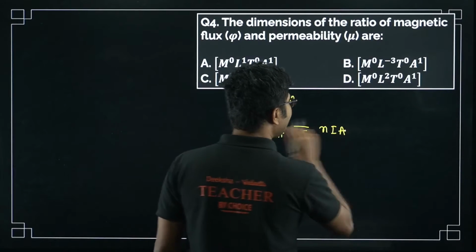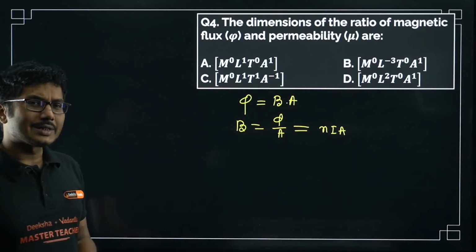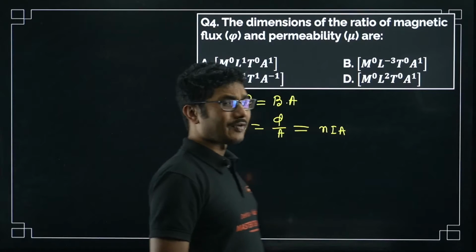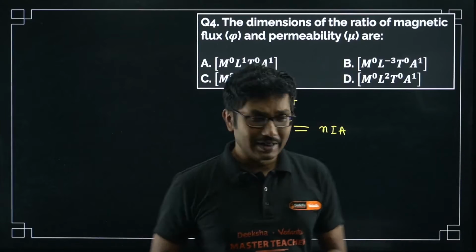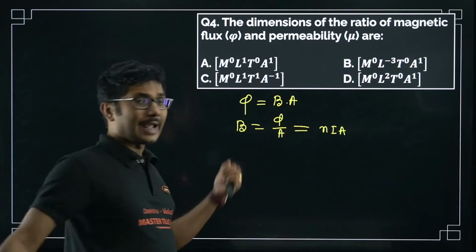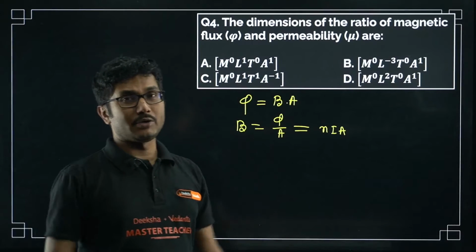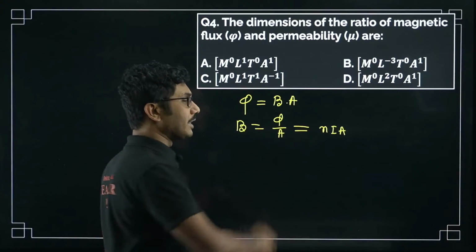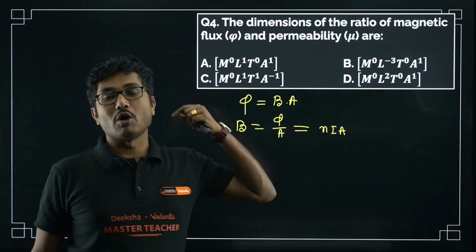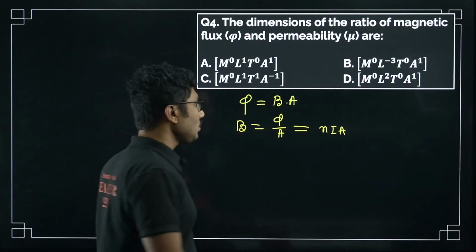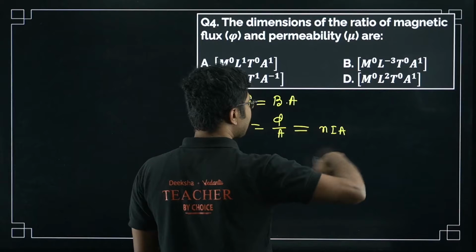So maybe they do not represent the same thing. One represents flux and the other represents magnetic field, and in some cases they cannot be directly equated, but dimensionally they can be equated. If they are related to the same quantities, their dimensions should always be equal. So dimensionally this relation has to be correct.